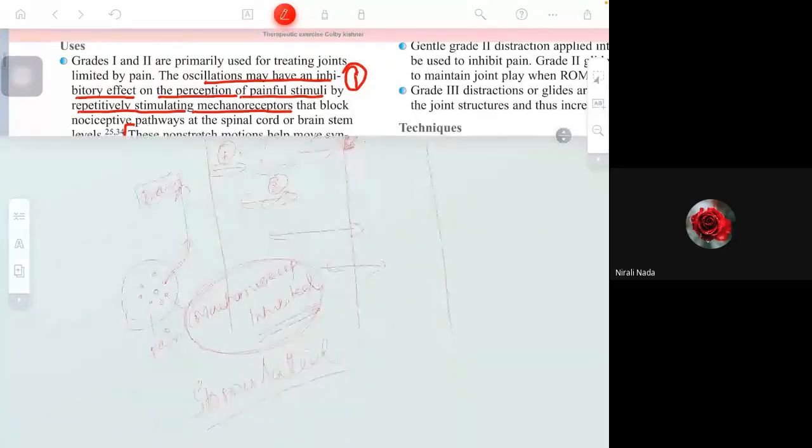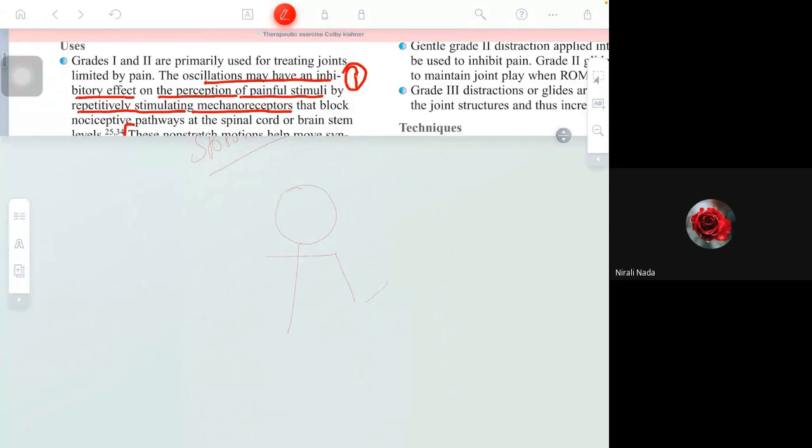Clear? So when you are doing oscillatory movement, clear? Suppose imagine patient is lying here and you are doing grade 1 mobilization. This is beginning of range. So here you are doing grade 1 mobilization, that is abduction and adduction. So you are doing oscillatory movement in the beginning of range.